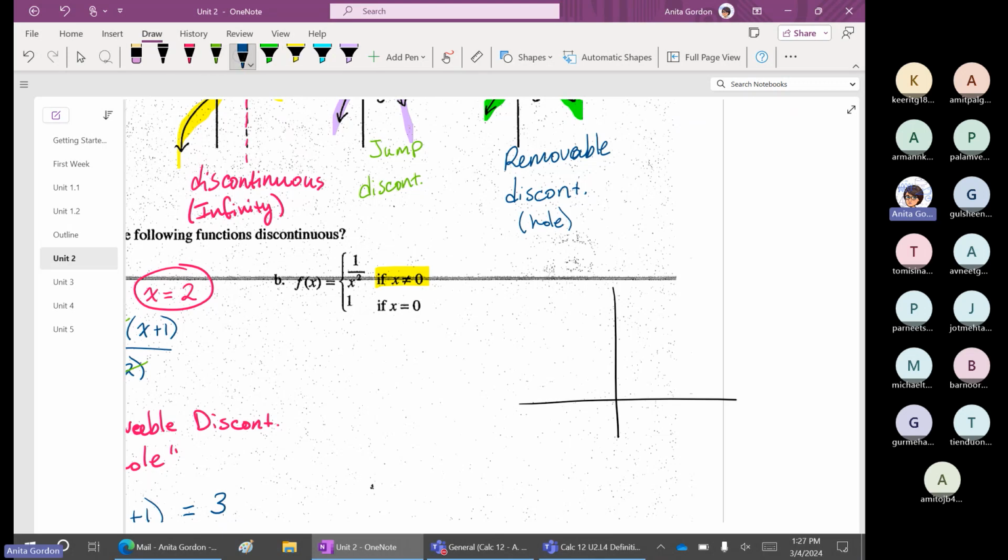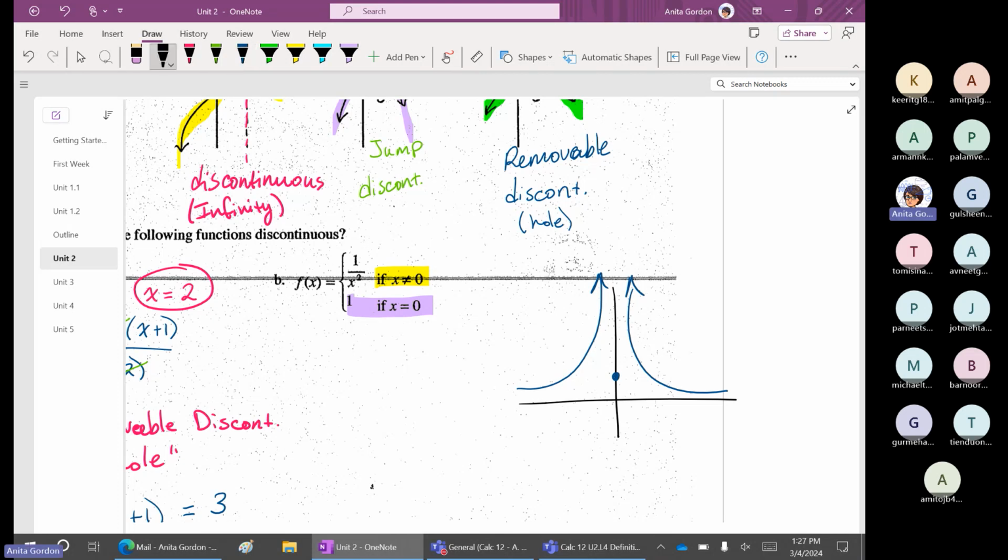Remember that when we did 1 over x, it looks like this. 1 over x squared is essentially the positive version of this. Essentially it looks like this, where we know that both ends go off to infinity as they approach 0, and then it says if x equals 0, then I have a single point.